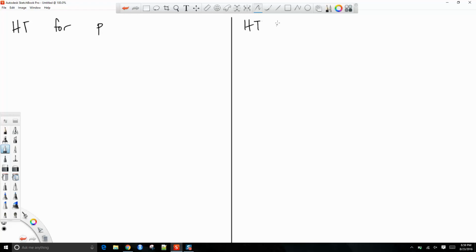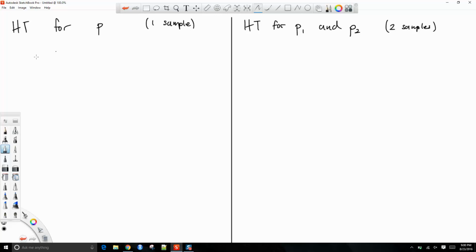All right, and so now we'll talk about hypothesis tests. We'll do hypothesis tests for P, and then hypothesis tests for P1 and P2. This is 2 samples over here, just 1 sample.